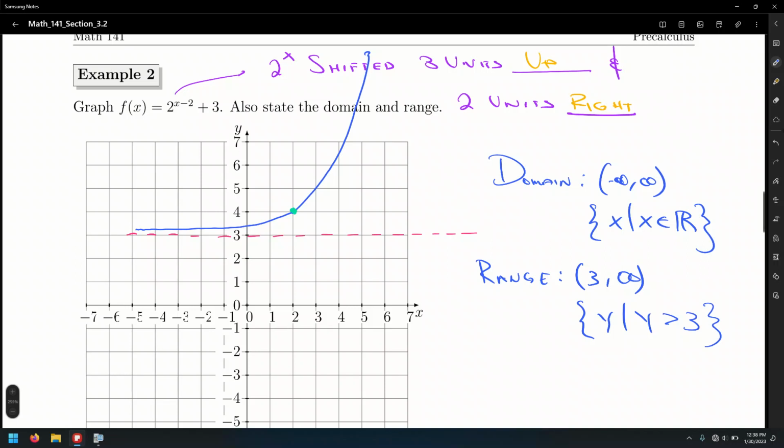It's only the vertical shifting that has an effect on the range, not on the domain. Horizontal shifting has no effects at all on its domain and range. All right, let's see what's next.